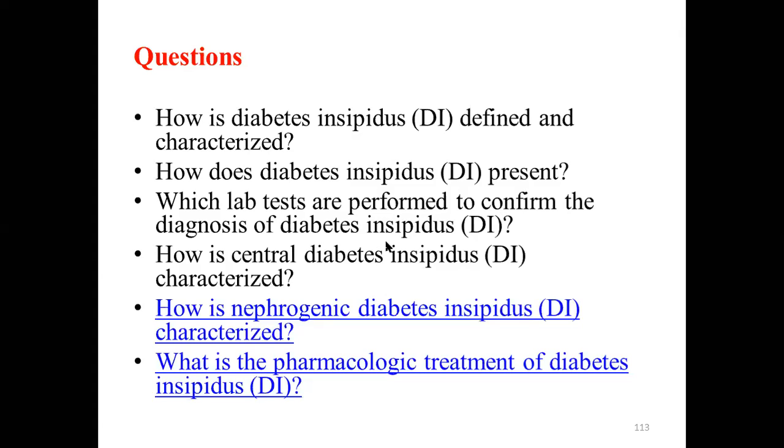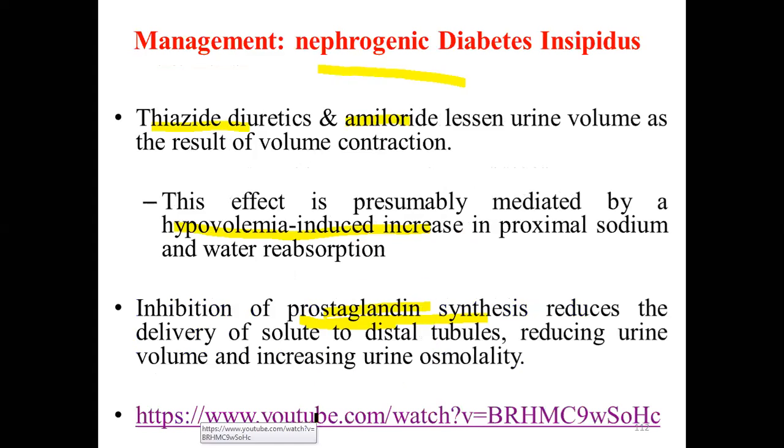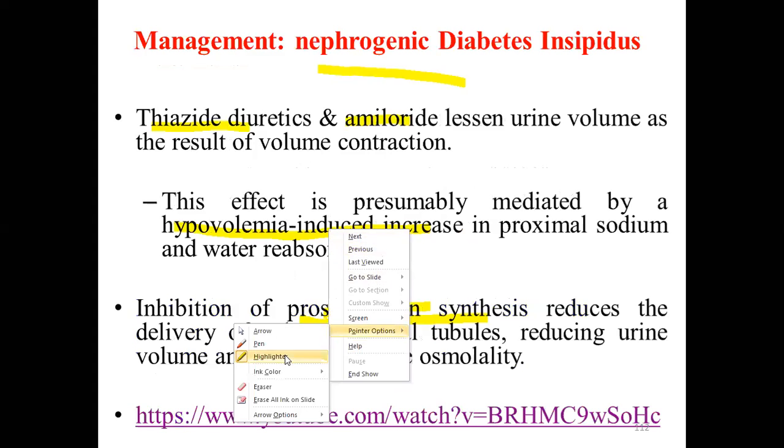For nephrogenic DI, I think, well, lab parameters, maybe I just know the actual condition, something to do with decreased ability to concentrate urine because of resistance to ADH action in the kidney or something like that.